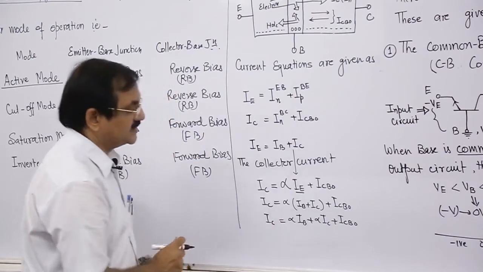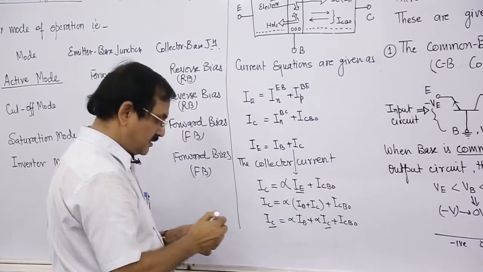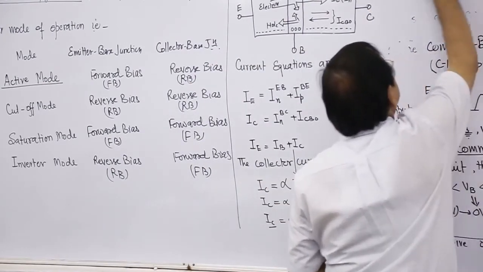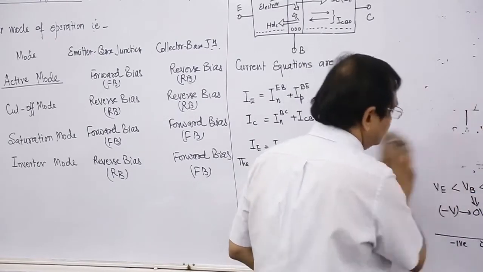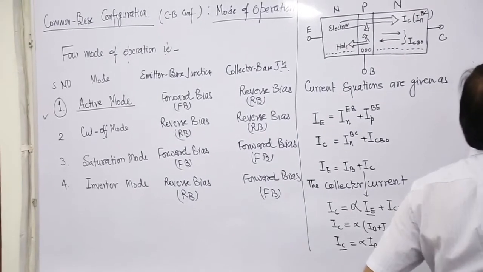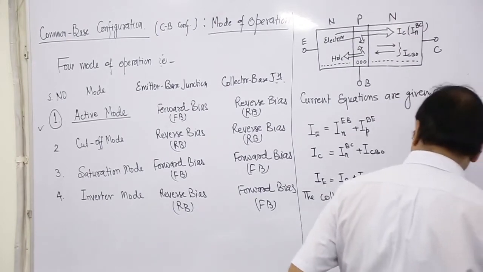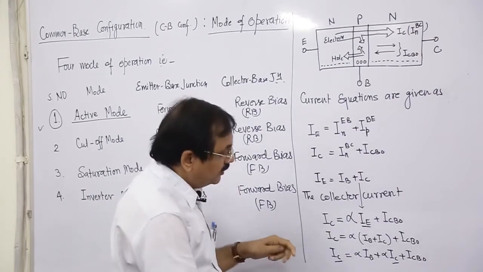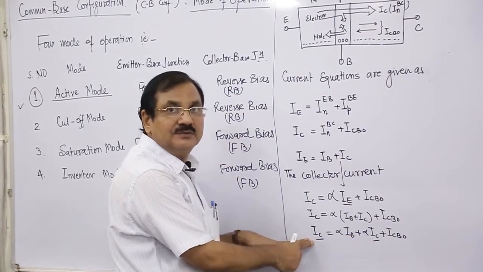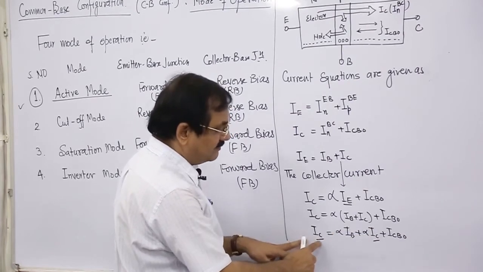Now we transfer this alpha IC from the right hand side to the left hand side, so it will be negative, minus alpha IC.